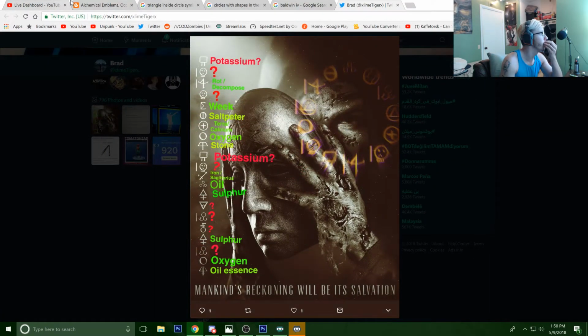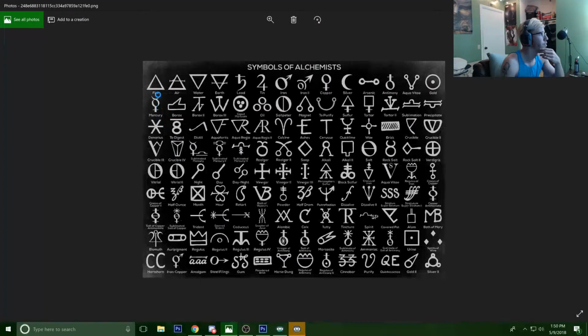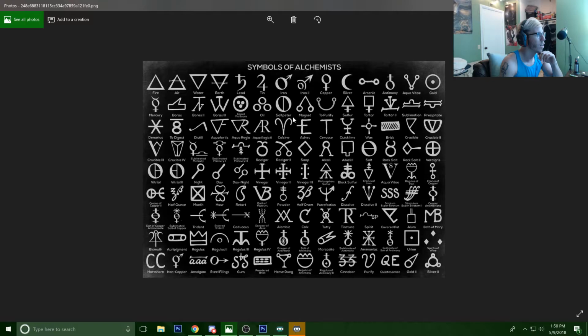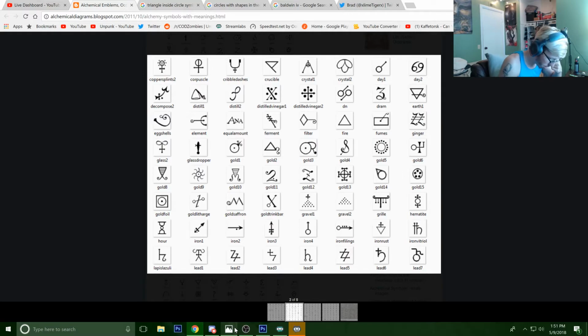Let me give you this example right here. Fire is one way. You flip it upside down, it's water. It's the same symbol. Same with saltpeter: it's this way, and then you turn it sideways, it's salt. So it wouldn't make sense that the upside down and all that would be something.